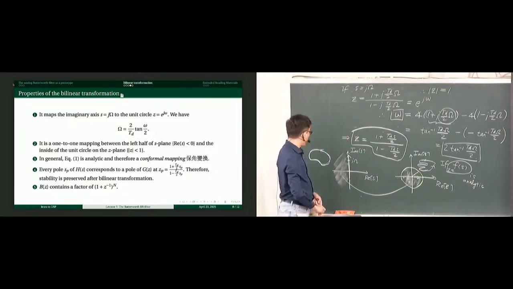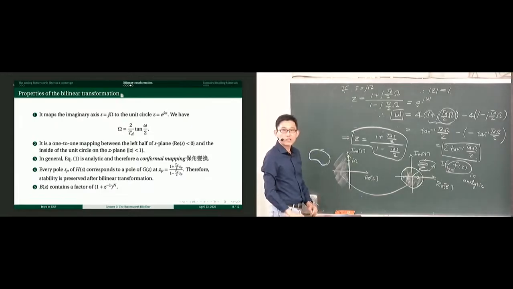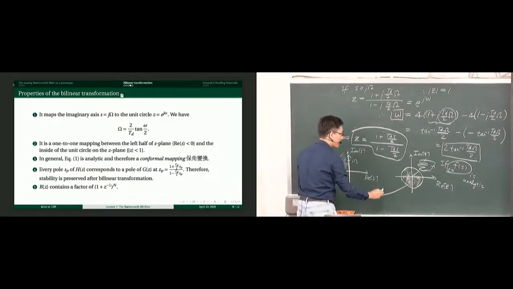And furthermore, what is on the left stays on the left. Left-hand side is still the left-hand side. Inside is still inside. Outside is still outside. If I understand correctly, inside should still be mapped to the inside, okay? Outside to the outside.